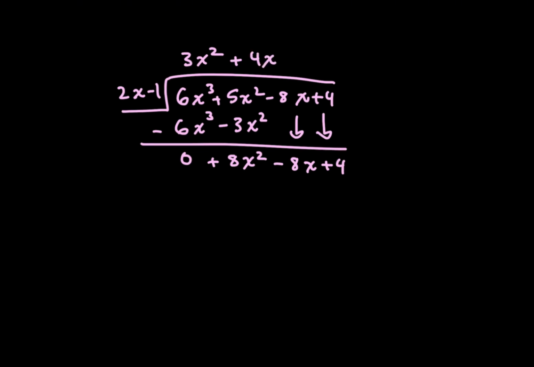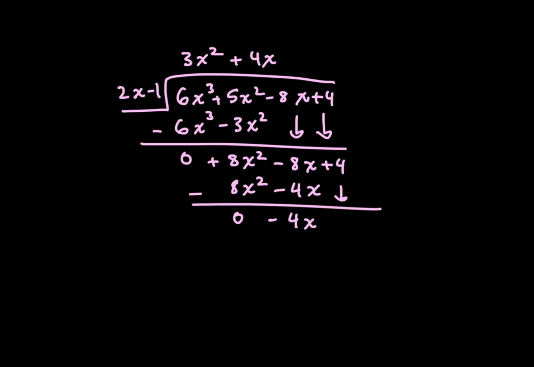If I multiply 2x minus 1 by 4x, I get 8x squared minus 4x. And then again, I subtract because I want to get rid of it. So 8x squared minus 8x squared is 0. And then minus 8x minus minus 4x is negative 4x. And then I drop down that last term.